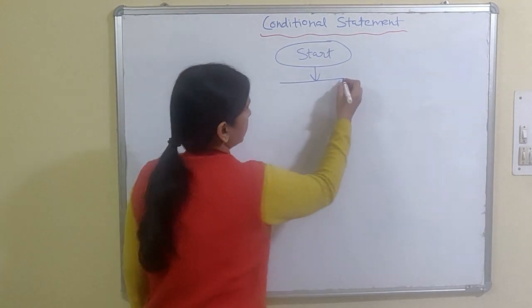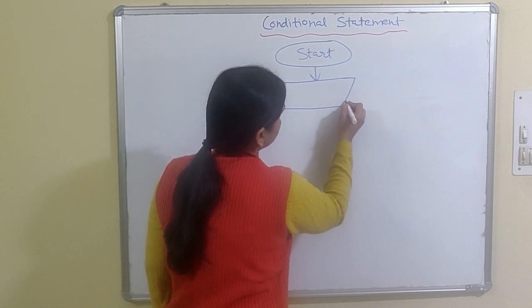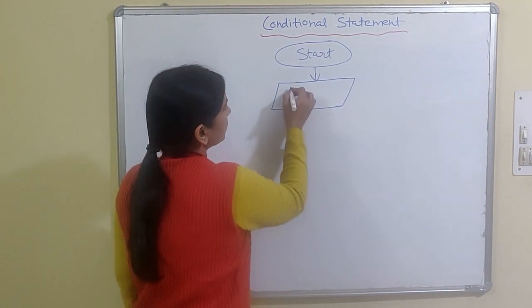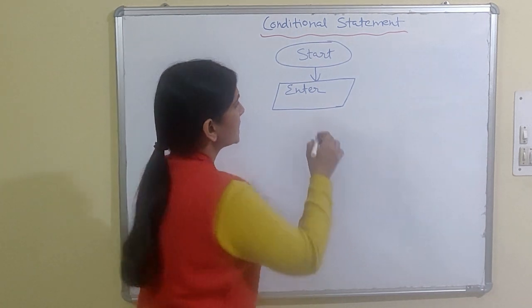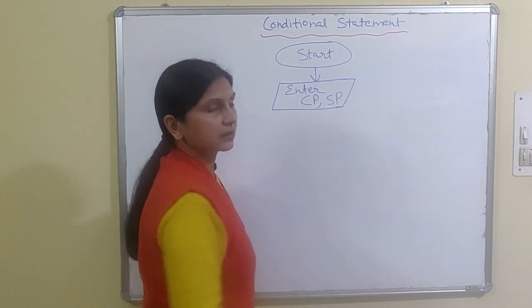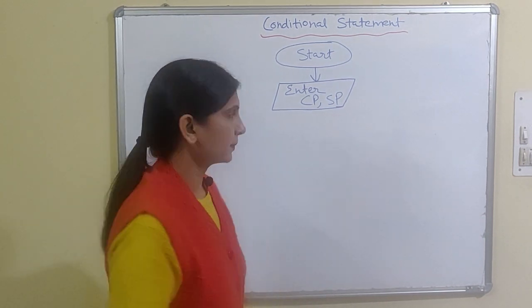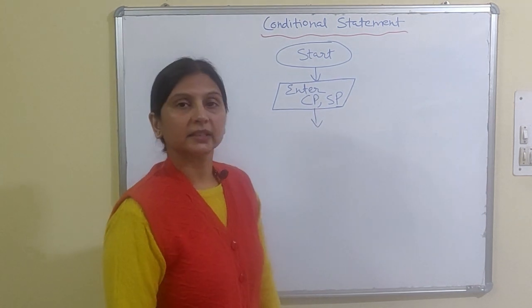Input box. So we will draw parallelogram, and inside parallelogram we will write enter CP and SP, cost price and selling price. You can use AND word also. Fine. Then we have entered.